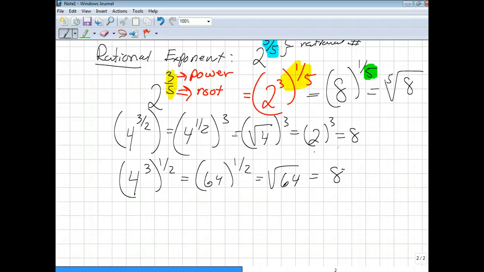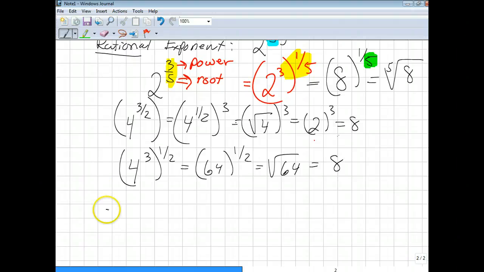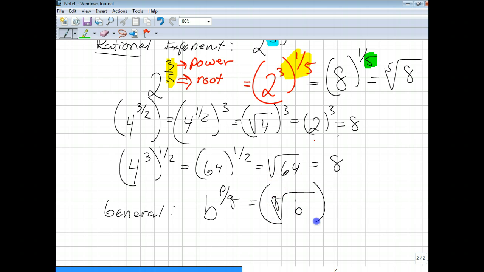So notice that the order I do it in doesn't matter. So we want to do it in the order where it's easiest to simplify. So in general, the general rule is this: any base to a rational power is equal to the root of the base raised to the power, or it's equal to the base raised to the power and then the root.